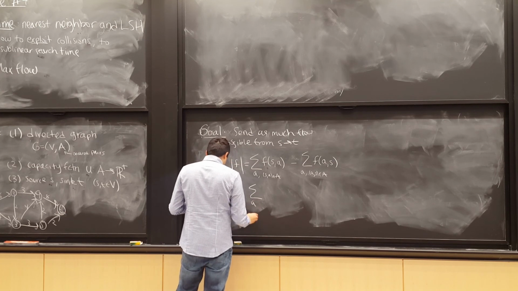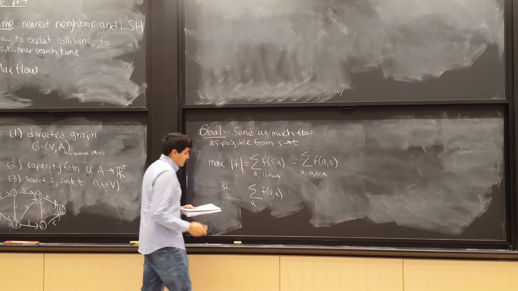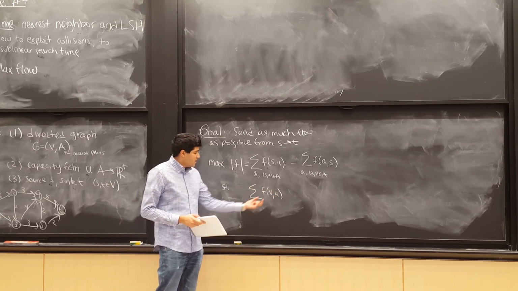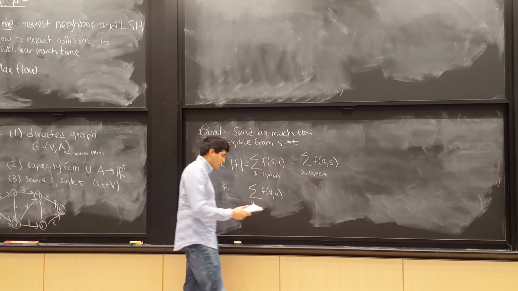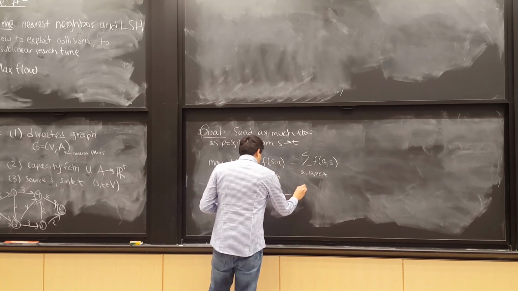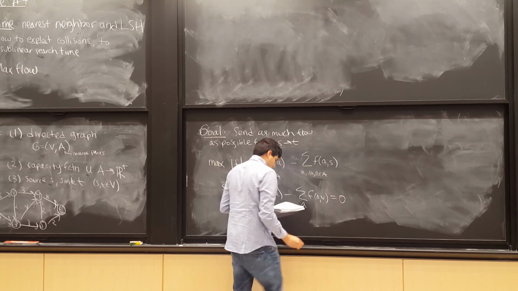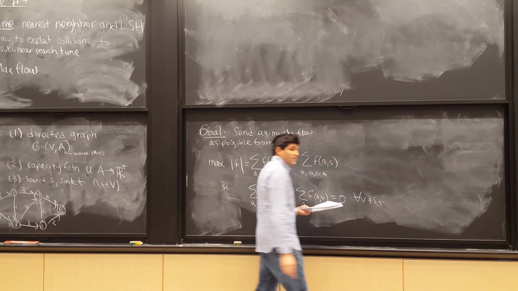Here all it is is that if I take any vertex V, and I'm going to suppress the notation that the sum will always be over just arcs, if I sum over all the arcs where the arc goes from V to A, then I want this minus the sum over all of the arcs in the other direction to be equal to 0 for every vertex except for the source and the sink.